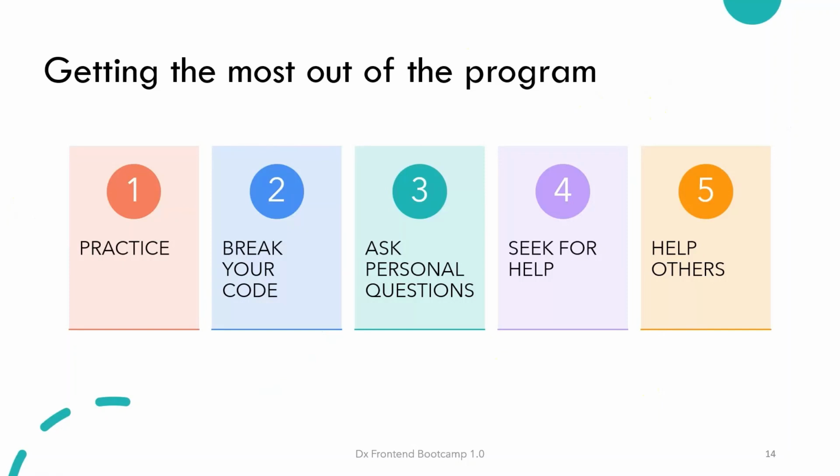Me and other instructors are going to be readily available to help you with the issues you encounter. Another way to get the most out of this program is by helping others. By helping others fix their bugs, you are going to gain even better experience, and you tend to notice that the more you help others, the more the code you've written sticks in your memory.